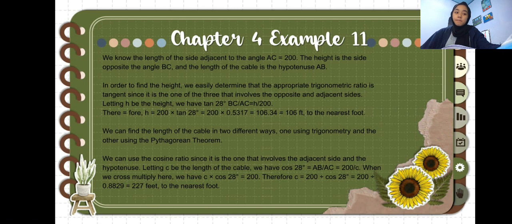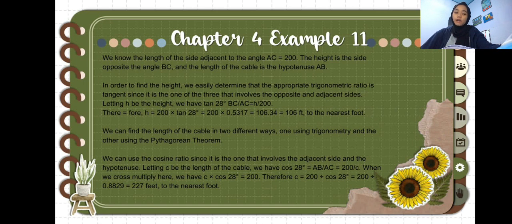Letting x be the height, we have tan 28 degrees is BC per AC, equals x per 200. Therefore, x equals 200 times tan 28 degrees.